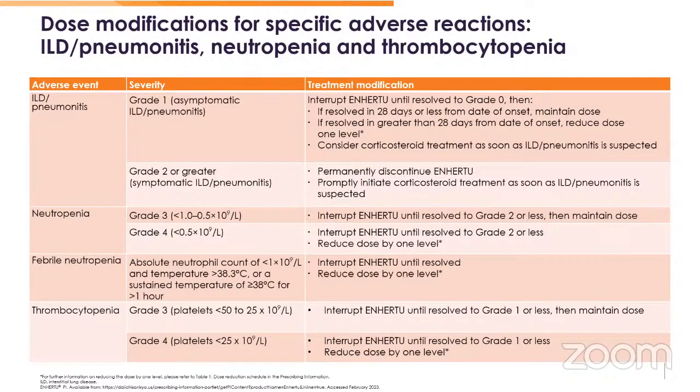If it resolves in less than 28 days, we maintain the dose, otherwise, we reduce the dose. With neutropenia, febrile neutropenia, thrombocytopenia, in grade 3 toxicities, we interrupt the dose, but when we restart, we maintain the dose. Grade 4 toxicity, we always reduce the dose by one level once it occurs. The next slide, please.